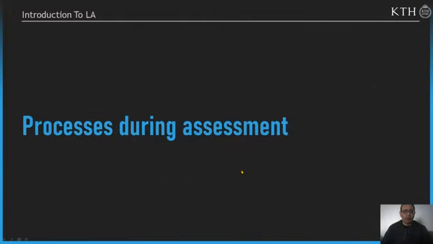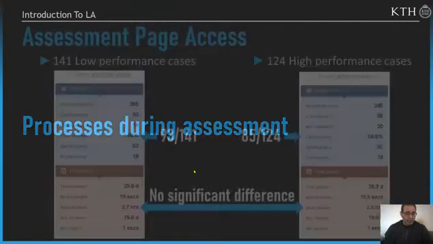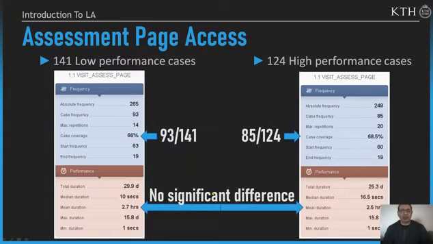If we carry on with the process during assessment, we have 3 cases that we should consider. First, the assessment page access, and we can see there is no significant difference between the two, not even in frequency.